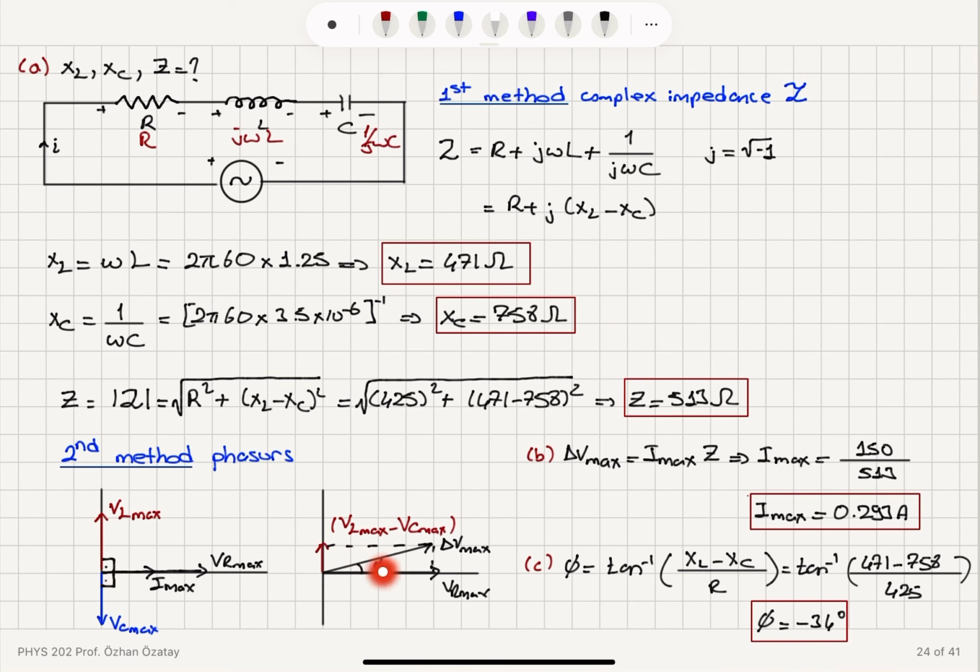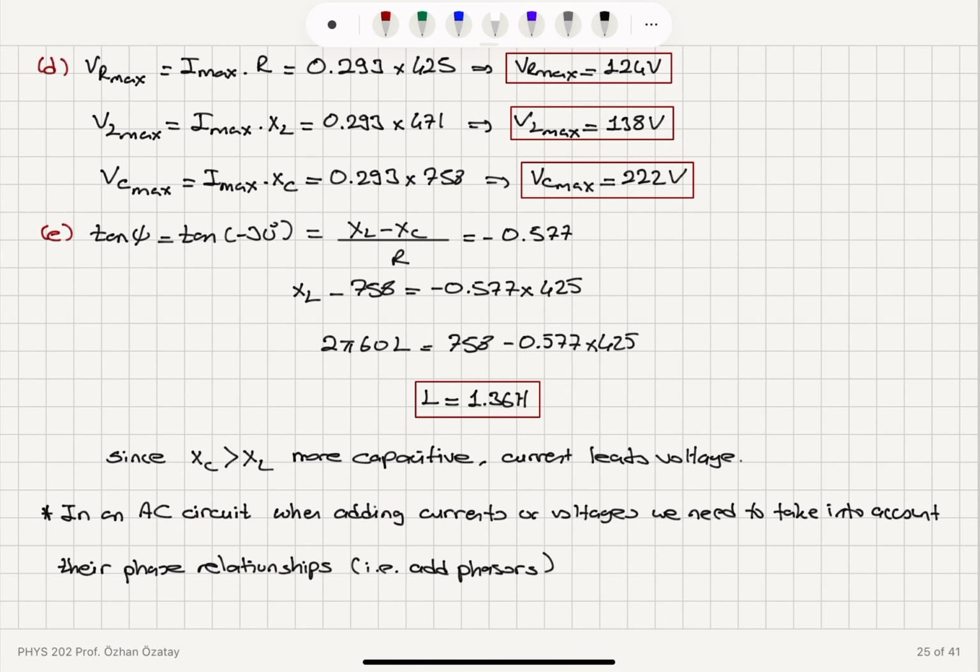The current is here, so it's going to be a negative phi, which means the voltage will come down, so the current will be leading the voltage, right? So we want to lead with a smaller angle, so we can replace the tangent phi with tangent of minus 30 and calculate the new XL value. The new XL value will give us the inductance using 2 pi f times L.